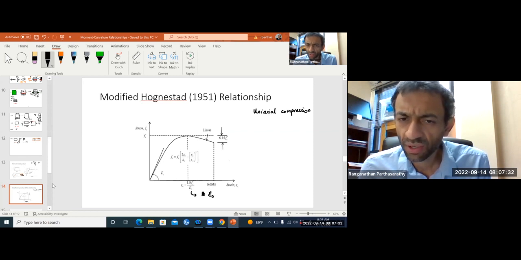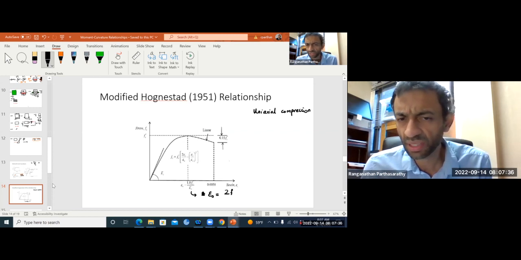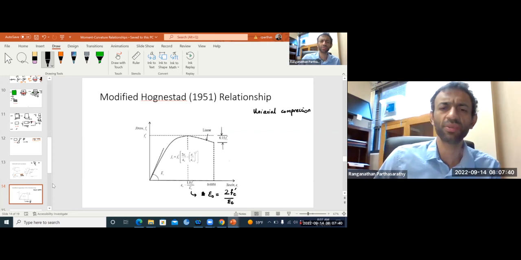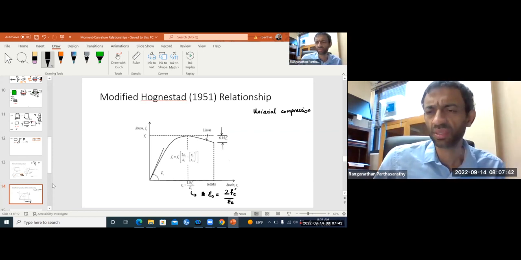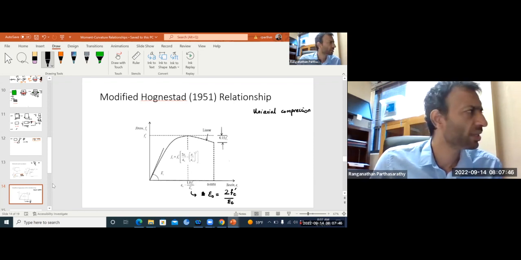The print is not so clear, but epsilon naught is 2 times fc prime over Ec. That is this point, epsilon naught.